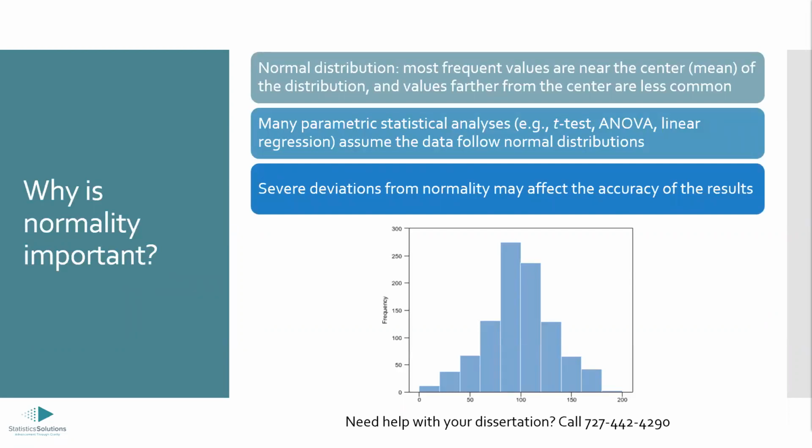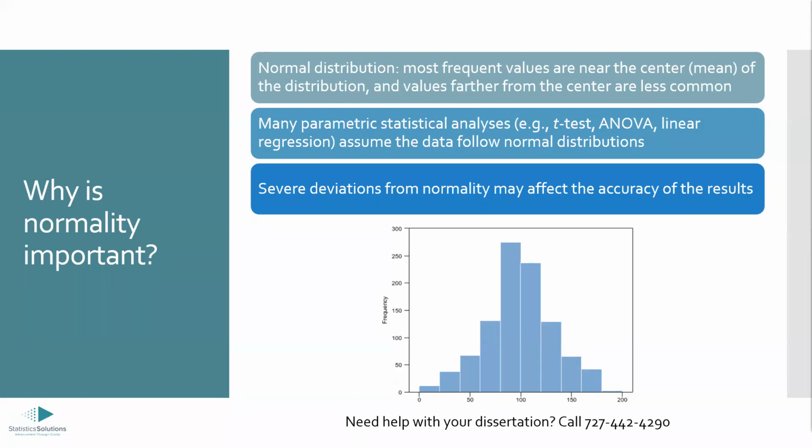So let's start off talking about what exactly normality is and why it's important for our statistical analysis. A normal distribution is a distribution in which the most frequent values are near the center or the mean of the distribution, and values farther from the center are less common.